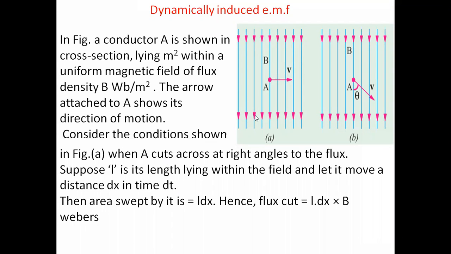Then the area swept will be L into dx, so flux cut is equal to B into L into dx.